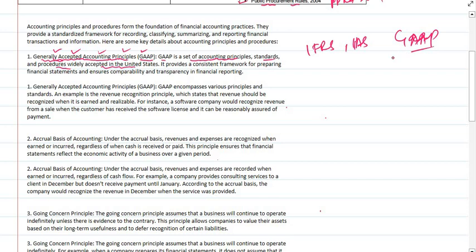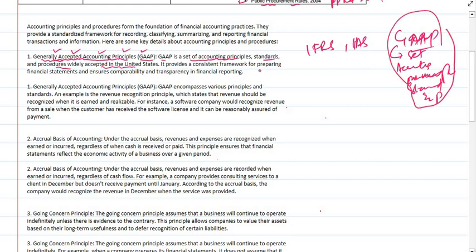So GAAP is actually a set of accounting principles, standards and procedures, and these are widely accepted in the United States. It provides a consistent framework for preparing financial statements and ensures comparability and transparency in financial reporting.